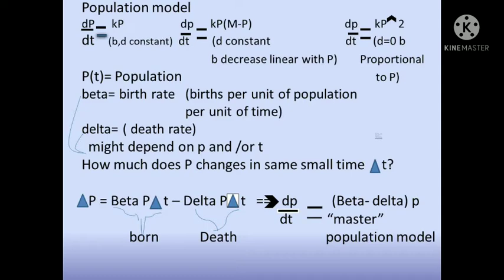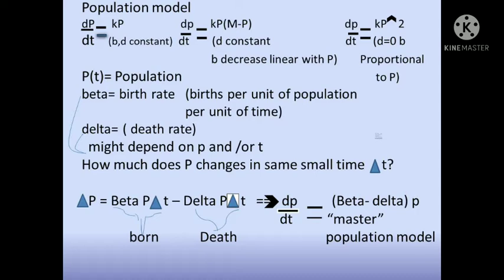Now, as usual, when we want to turn a small change argument into a derivative, we divide both sides by delta t and take the limit as delta t goes to 0. And the result is the master population model, the model from which the other population models are derived.